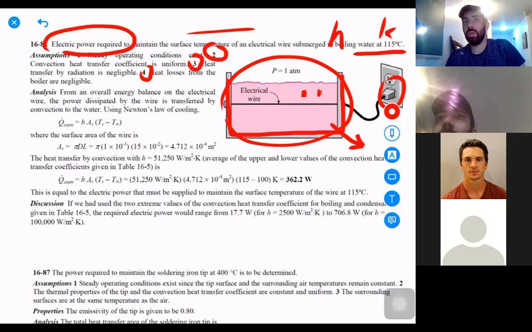It means that all energy, or all of the heat that is being transferred from the wire all the way to the surrounding medium, which is the liquid, is solely making the temperature of that liquid rise. It doesn't transfer or escape from the boundaries.